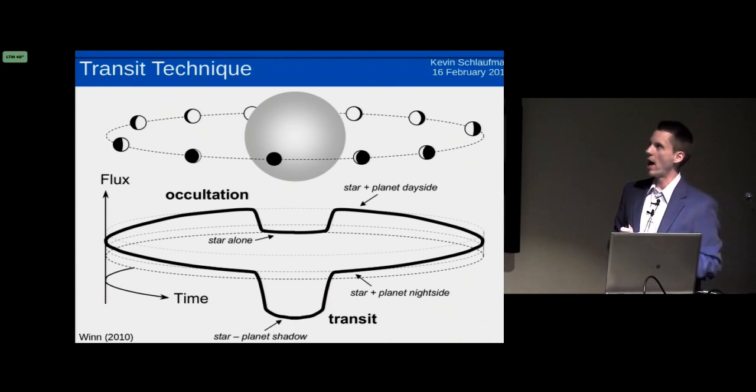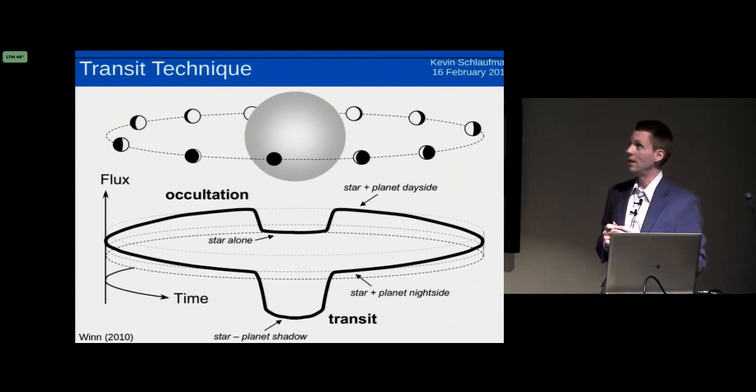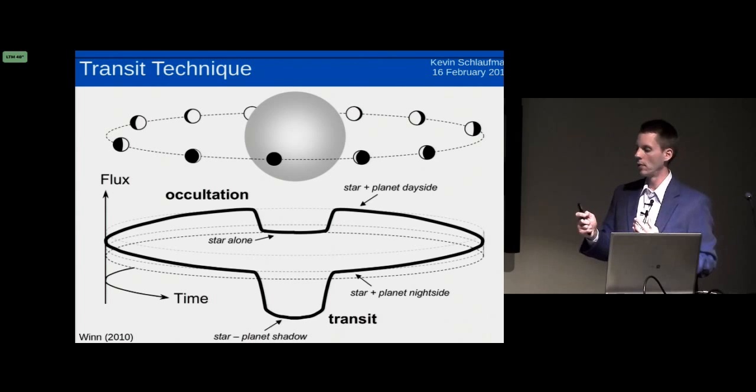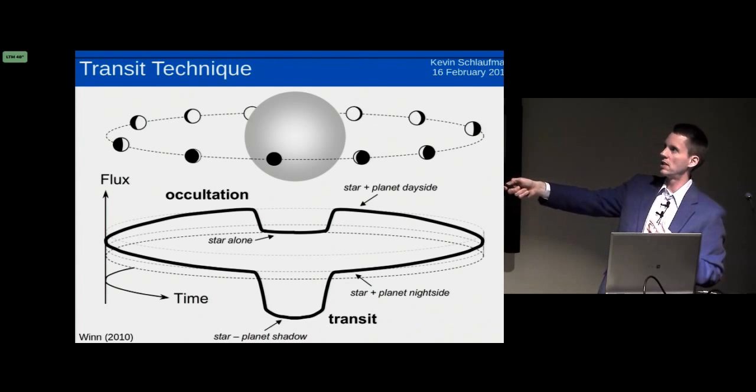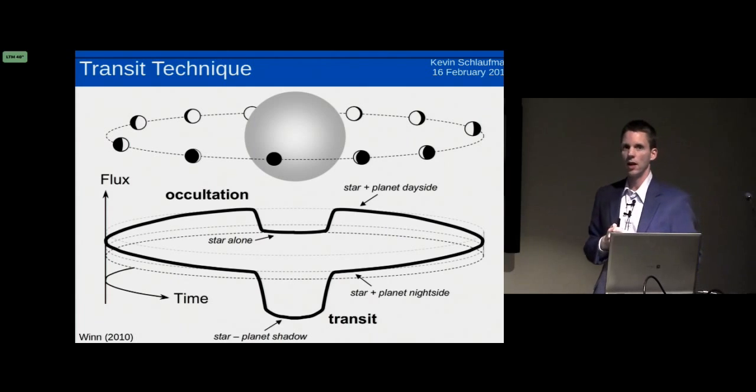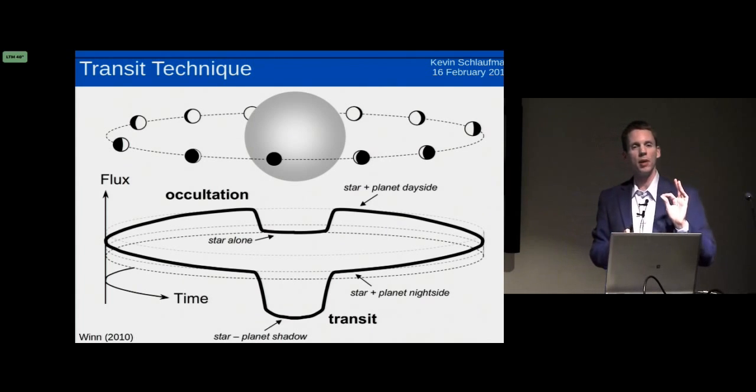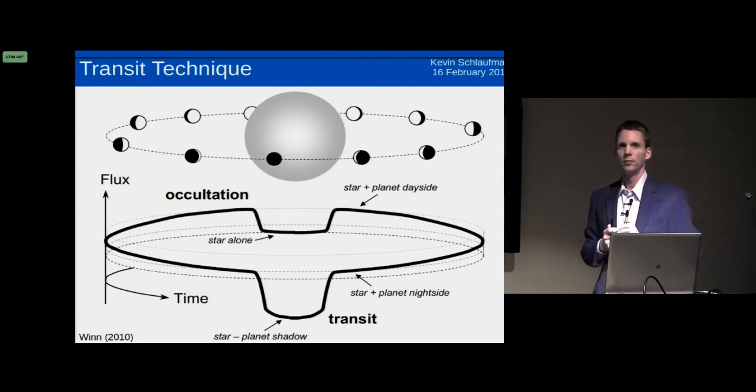And the evidence we have for that configuration is a planetary transit. If a planet the size of Jupiter, say, passes in front of a star like the Sun, it dims the light coming from that star by about 1%.